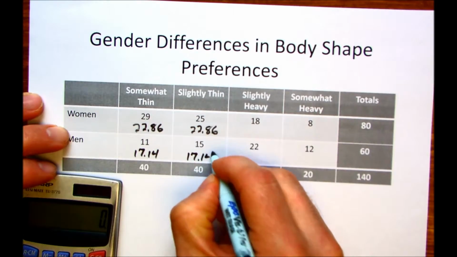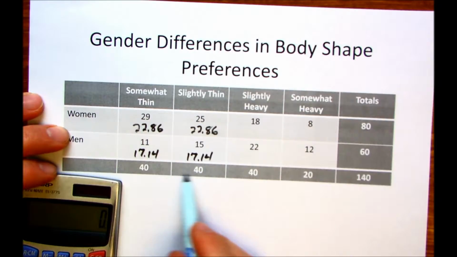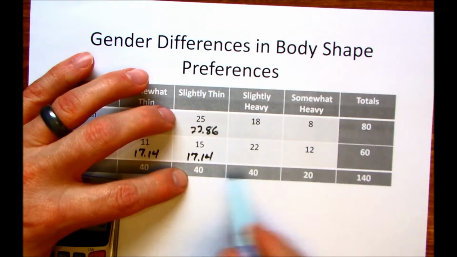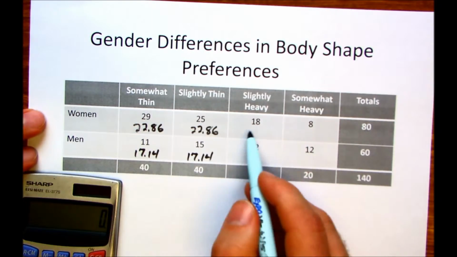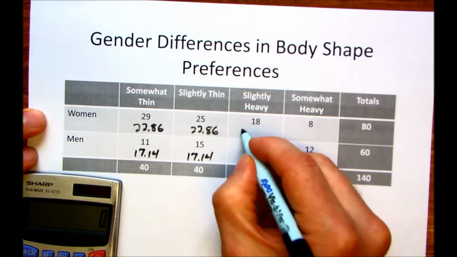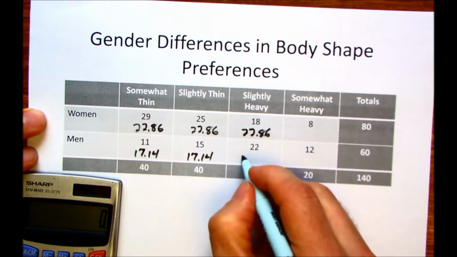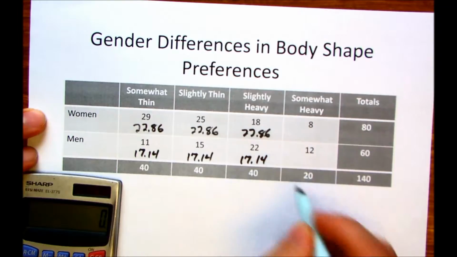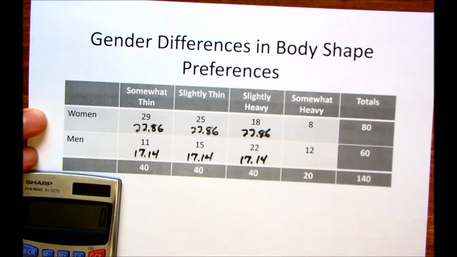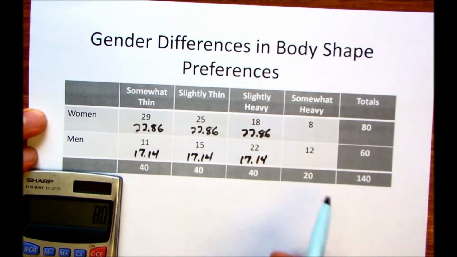It's the same. By the way, in your homework problem you could have different numbers here, so note that you're going to have to calculate it differently based on what the totals are for each of these. Same thing here, 22.86, and here it should be 17.14, and then this one's different: 80 times 20 divided by 140.